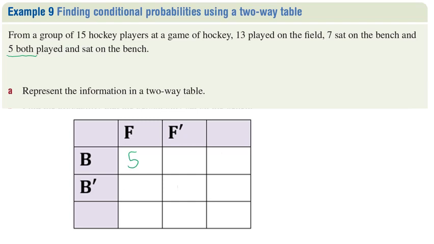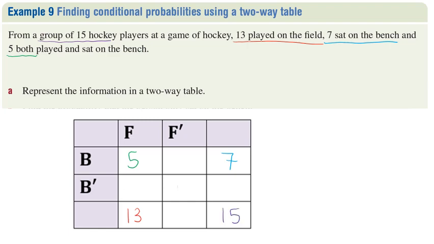Then we know that 13 played on the field, so that's 13 F altogether. So this is like the total column here. And 7 sat on the bench, so 7 is the total for the B column. And they also tell us that there's a group of 15. So 15 altogether is the total.